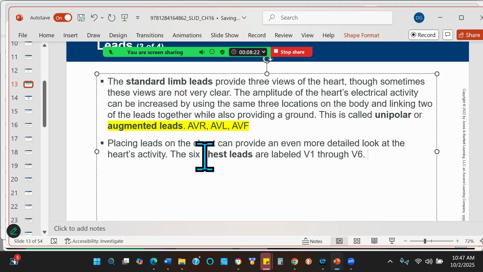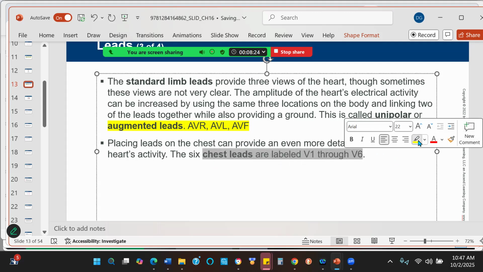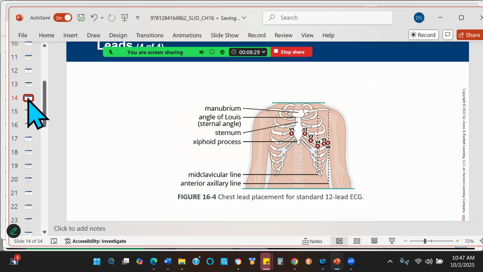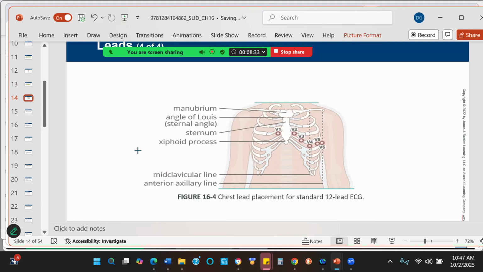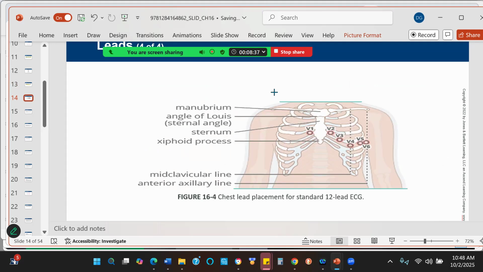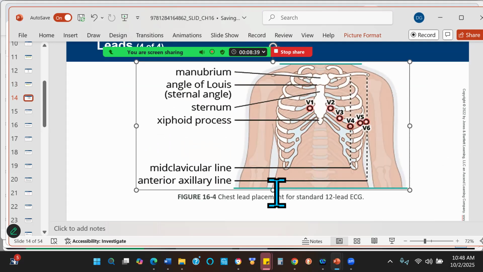And then you have 6 chest leads labeled V1 through V6. So that's the configuration, and that shows you a good picture of the chest leads, also known as the precordial leads, on the patient's chest, V1 through V6.